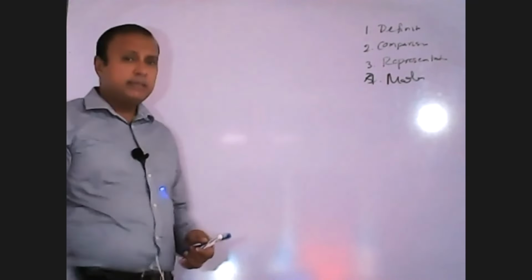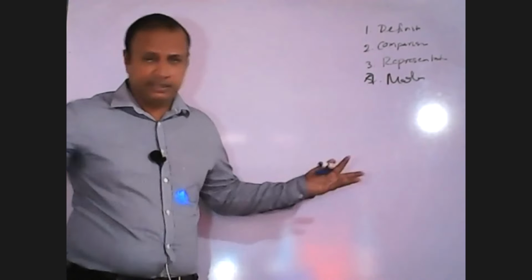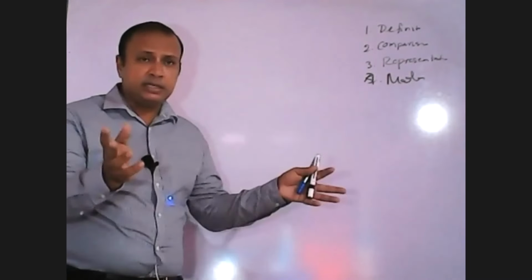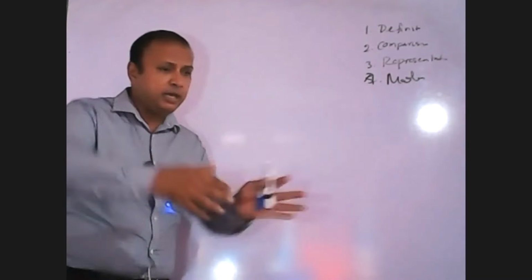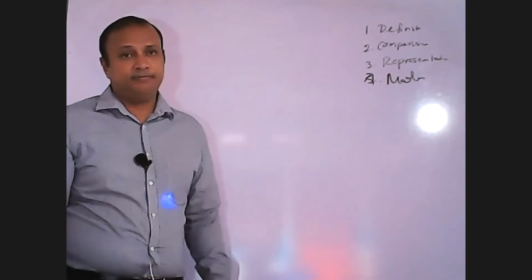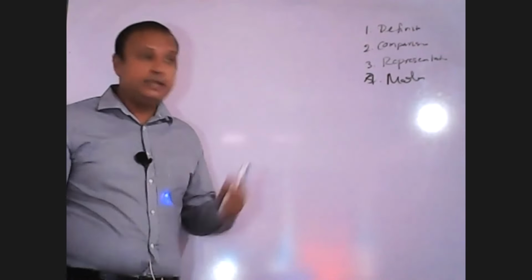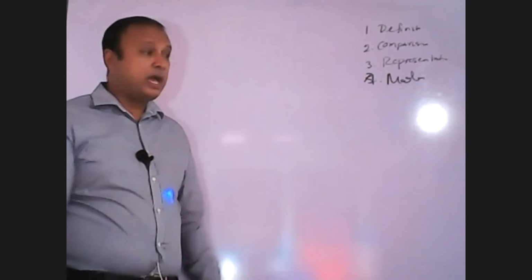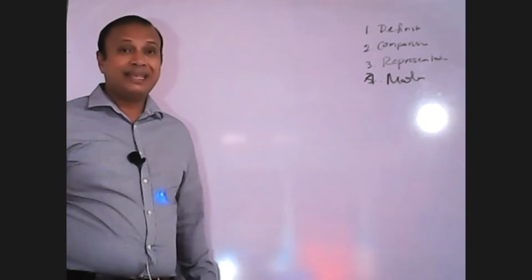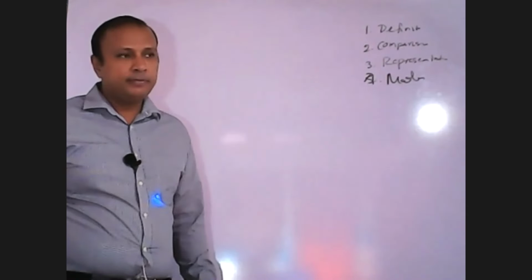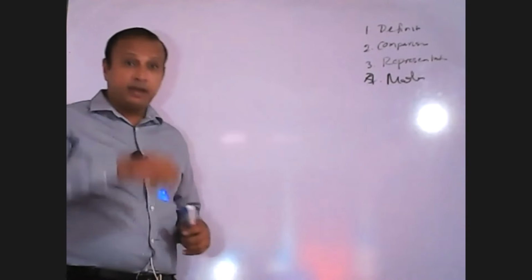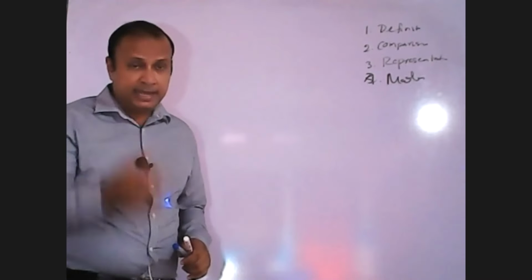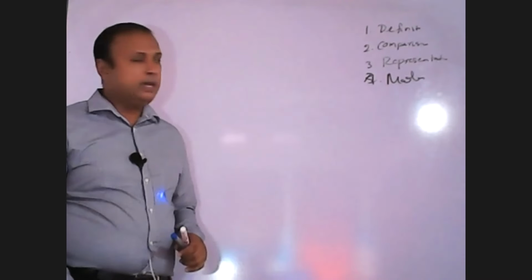Suppose we are given two or more than two vectors. Among those vectors, we have to select some equal vectors. We have to decide how to select equal vectors, because when we are doing vector calculations, we have to decide equal vectors.